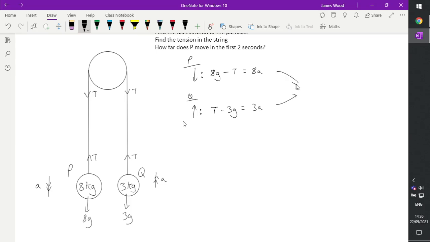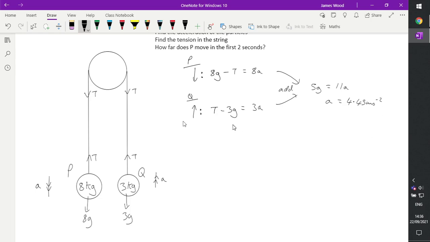Solve these simultaneous equations, so I'm going to add them together. So I get 5g equals 11a. So a is going to be 5 times 9.8 divided by 11. So that is 4.45 meters per second squared.